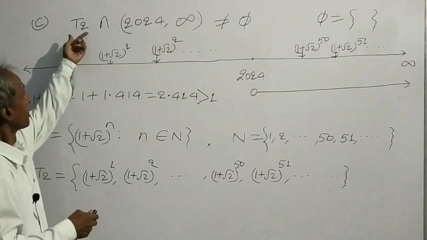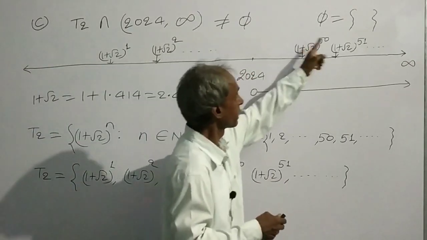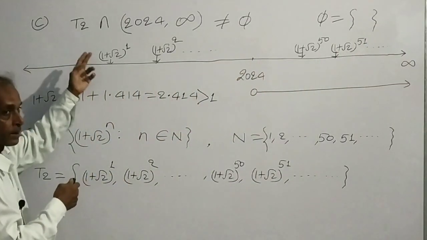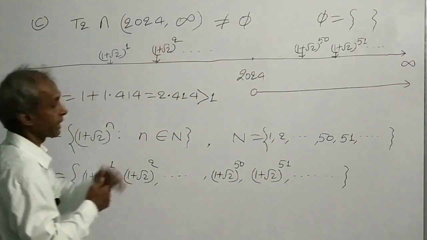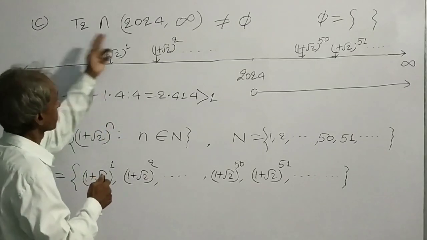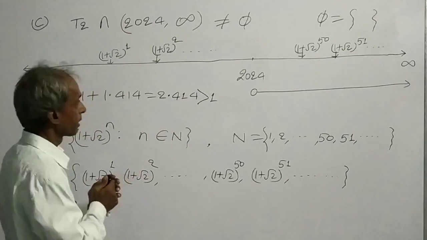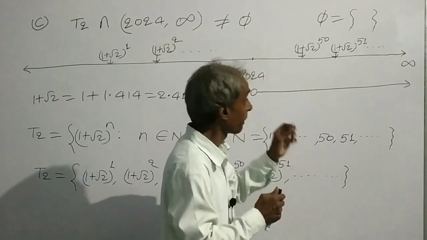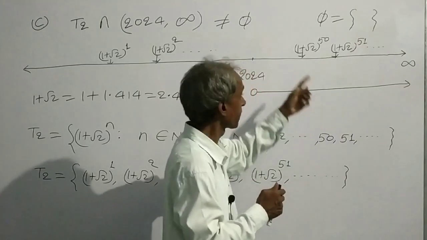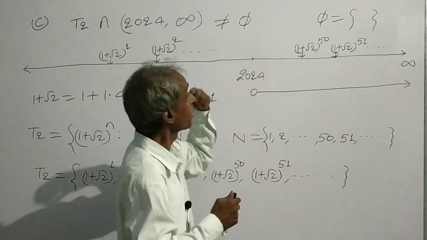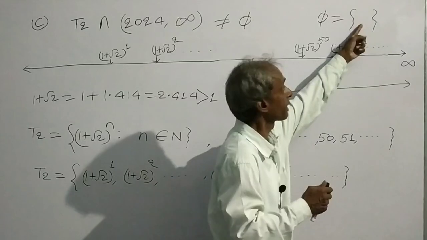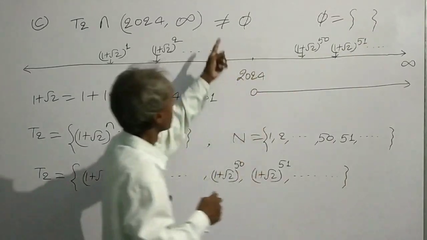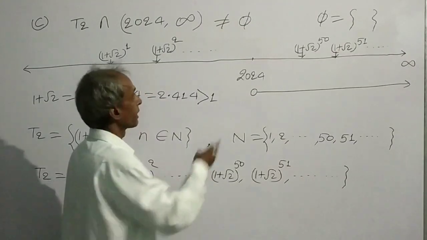Therefore, there are some numbers, and many more of this type, common in this set and this set. Therefore, the intersection of these two sets will have some numbers, those that are common to both sets. This will not be an empty set that does not have any element. Therefore, this option is correct.